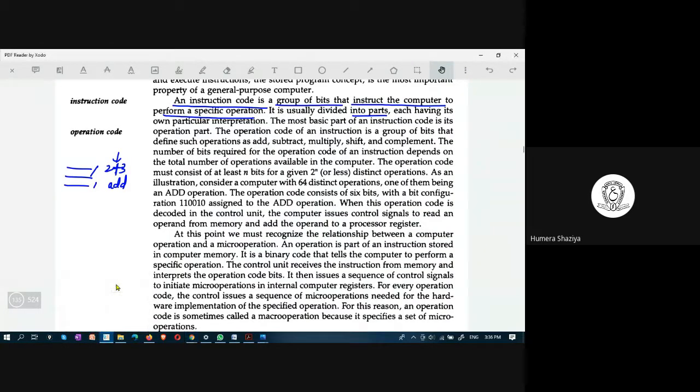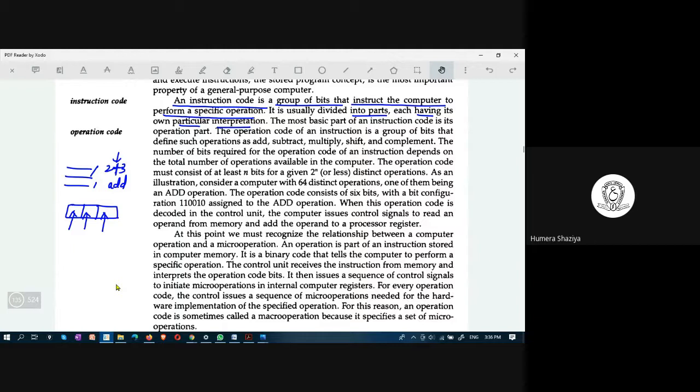Instruction is divided into parts, each having its own particular interpretation, which means an instruction would have parts, and each part would have its own meaning. An instruction code is a group of bits that instruct the computer to perform a specific operation.